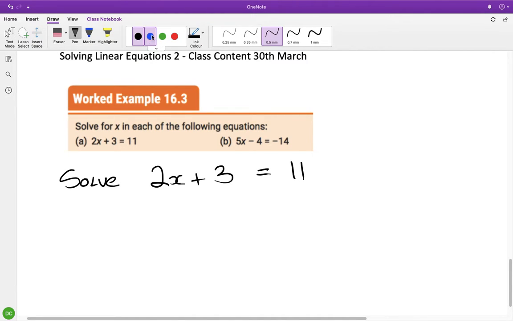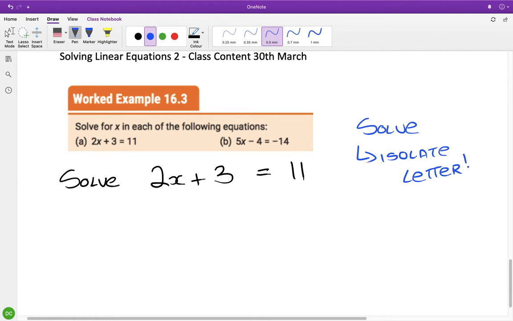Okay, so the brief for the assignment, when you're asked to solve, you have to isolate the letter. Okay, so that was the same in the questions that we did on Friday, and it's the same now.